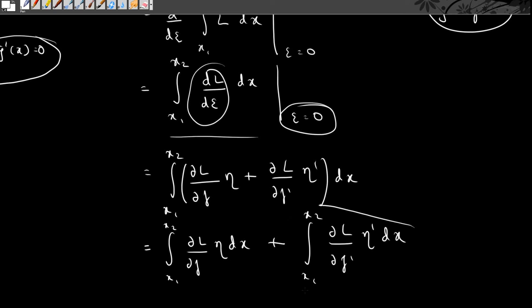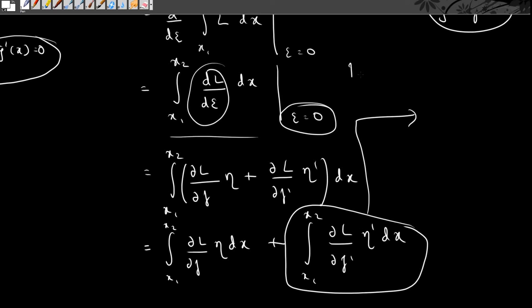Now let us simply consider this part, and we are going to apply integration by parts to expand this. So using that, this particular integral will become dou L by dou f dash times eta.